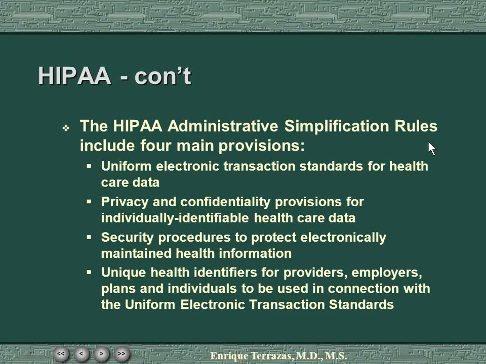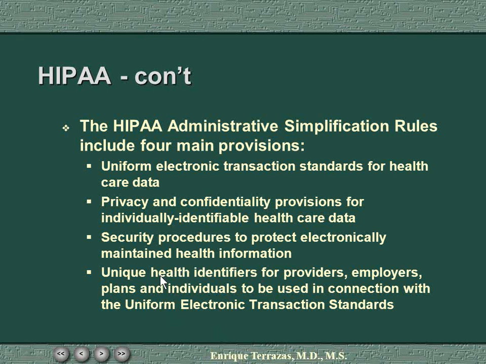The administrative simplification rules included 4 main provisions: uniform electronic transaction standards for healthcare data, privacy and confidentiality provisions, security procedures to protect electronic information, and unique health identifiers for providers, employer plans, and individuals to be used in connection with the uniform electronic transaction standards. We don't have unique health identifiers.